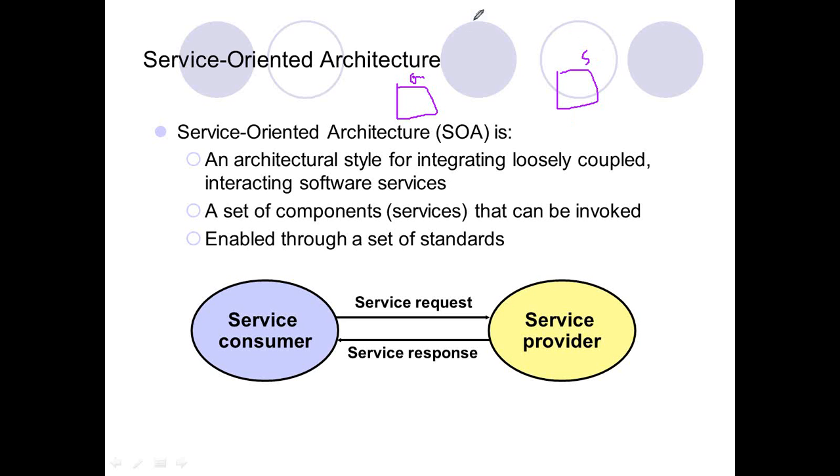Then for HR, they started using PeopleSoft. As they started acquiring different products, they needed to join or integrate these products together. So how they were integrating was something like this.